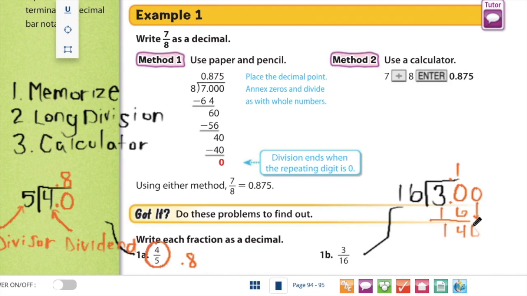16 goes into 140 8 times. 16 times 8 is 128. 140 minus 128 is 12.